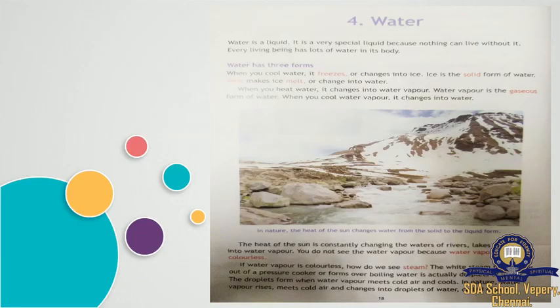The droplets form when water vapor meets cold air and cools. In nature, water vapor rises, meets cold air, and changes into droplets of water called clouds.